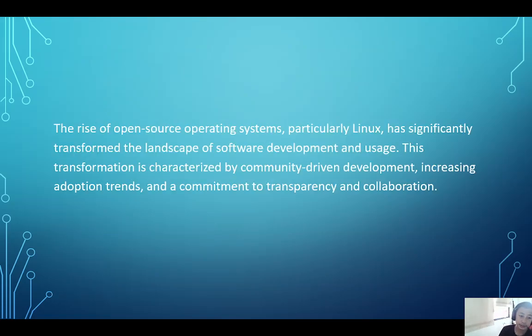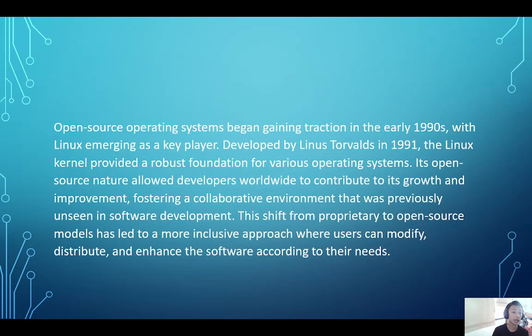The rise of open source operating systems, particularly Linux, has significantly transformed the landscape of software development and usage. This transformation is characterized by community-driven development, increasing adoption trends, and a commitment to transparency and collaboration. Open source operating systems began gaining traction in the early 90s, with Linux emerging as a key player.